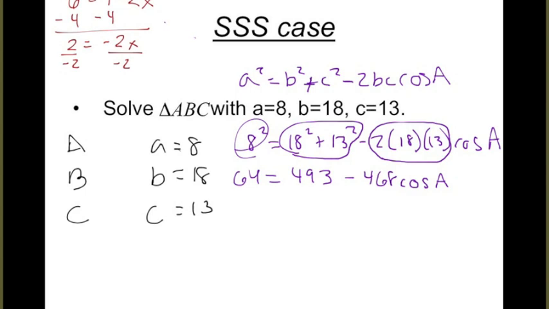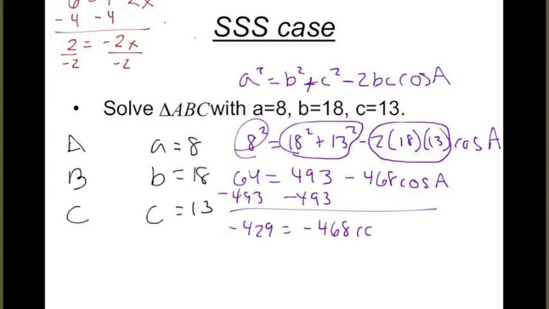So we are going to subtract 493 on both sides. And then just like in that little side note, the next thing we did to solve was divide. The next thing we're going to do to solve is divide.